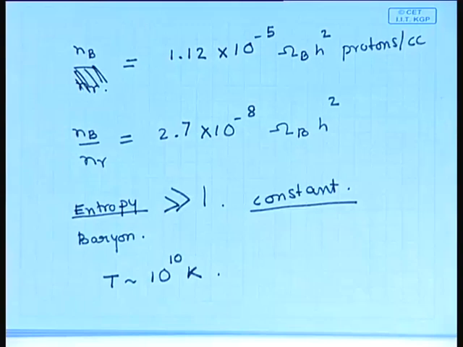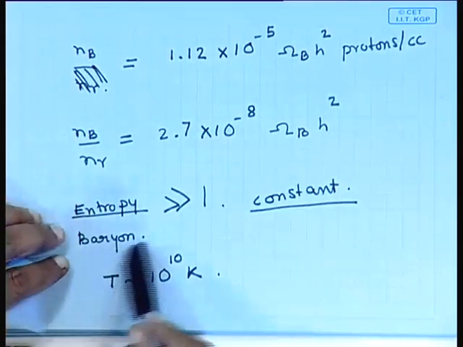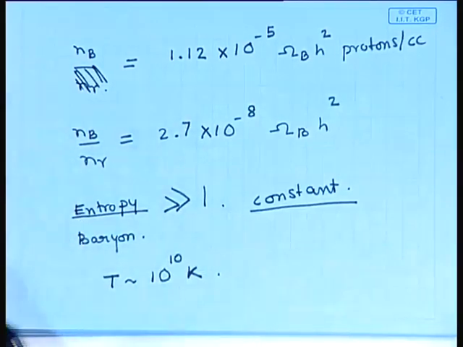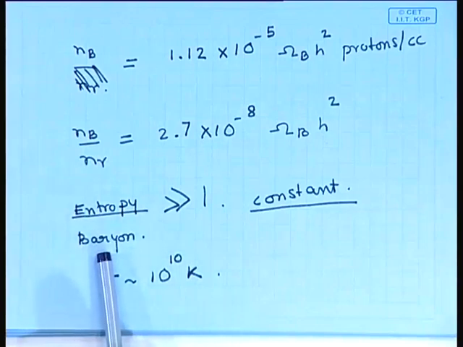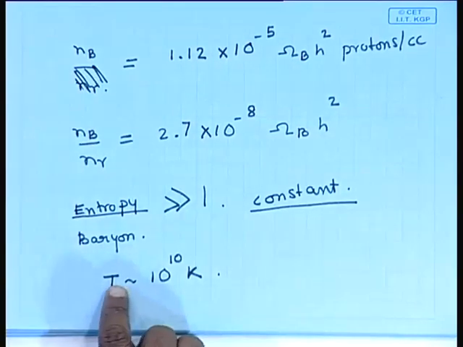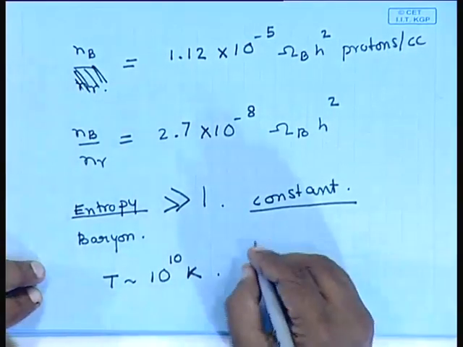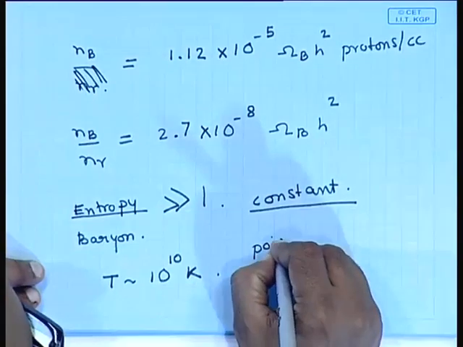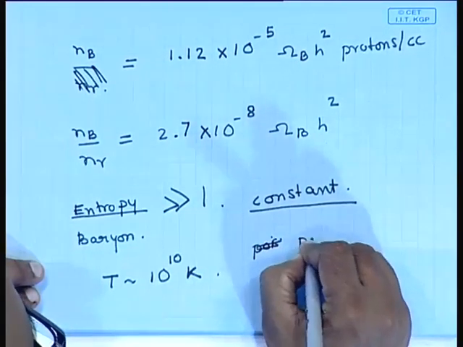That is because it is an adiabatic expansion, and these things all scale in the same way, as 1 plus z cube.